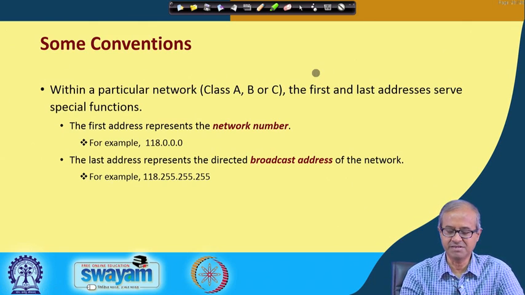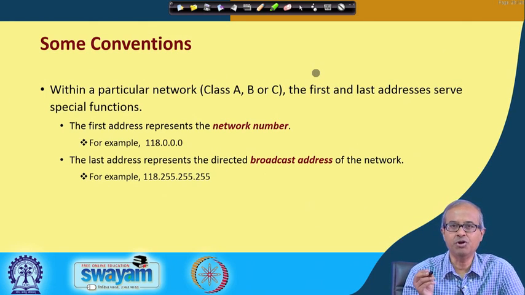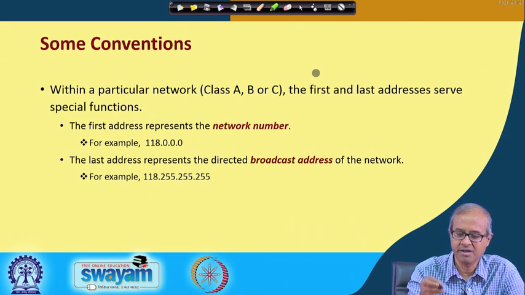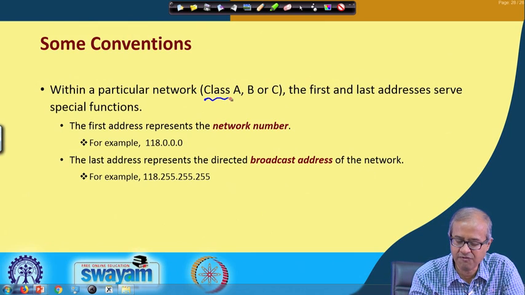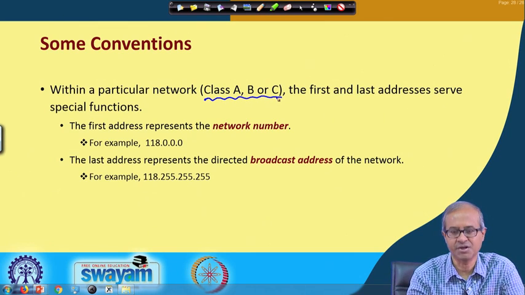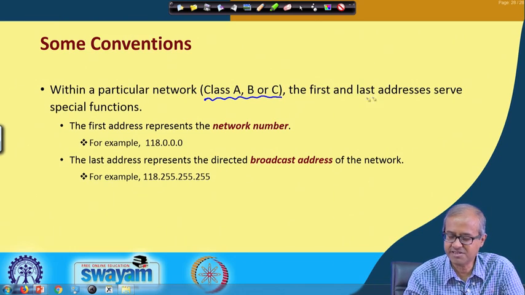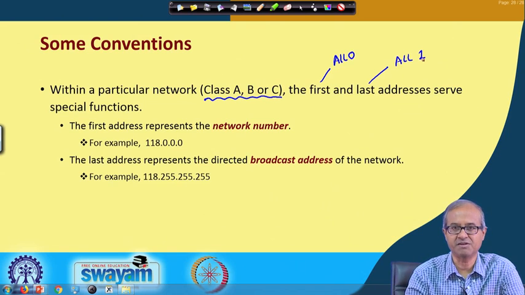Now, some convention. I told you that for the host part, there are two addresses which are special purpose, the all 0 and all 1. The convention that is followed is as follows: for all of class A, B or C networks, the first and last addresses, first meaning the all 0 address and the last meaning all 1, serve special purposes.